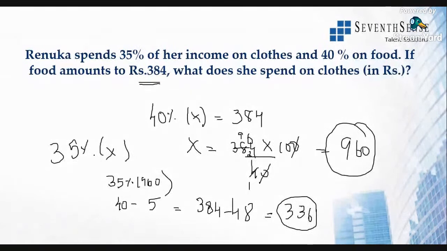All right. So she'll be left with some value, that is nothing but 25% of the income. Clear? We'll go on to the next question.